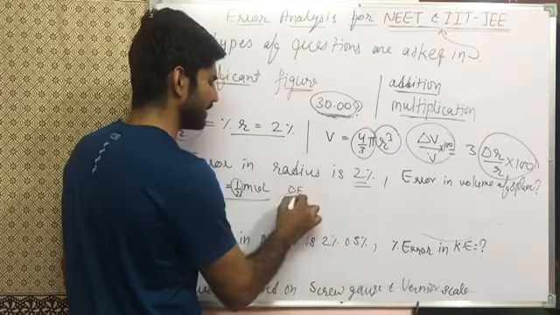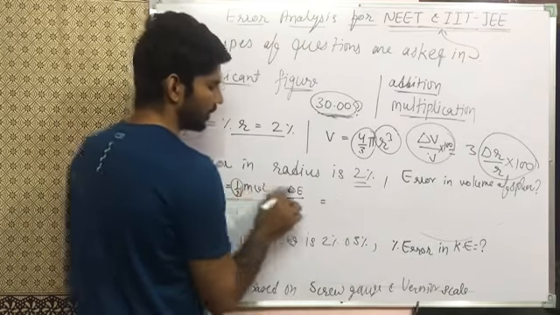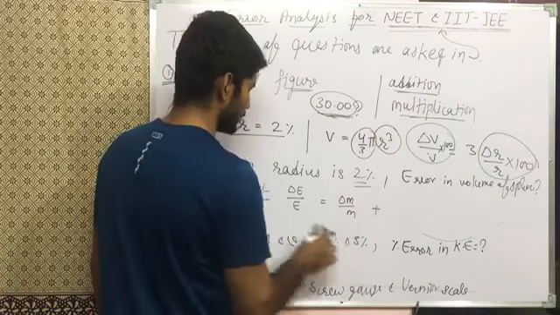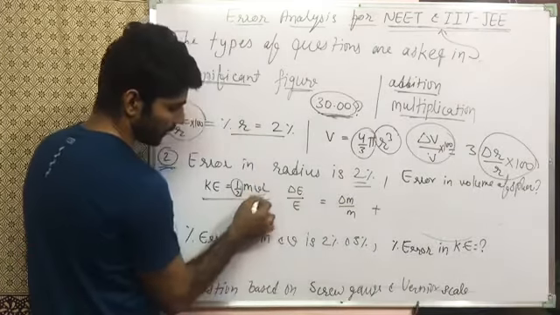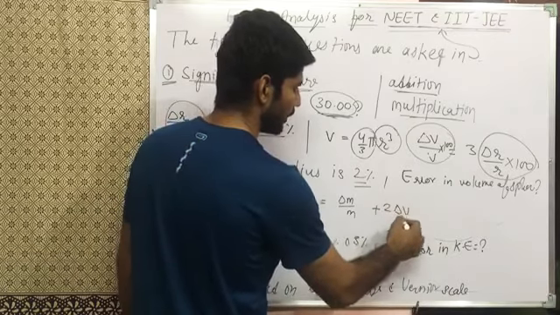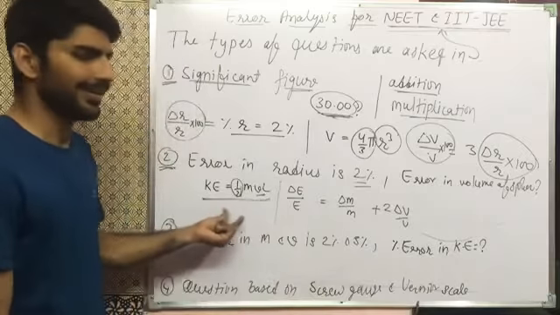Relative error in energy, del E by E, equals relative error in mass, del m by m, plus, since velocity is squared, we take 2 out and write del V by V. So this is the formula we use for the relative error.